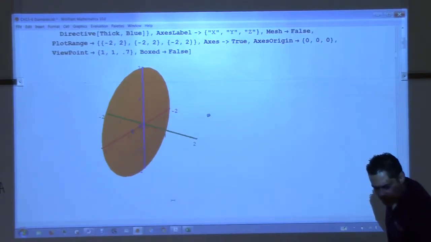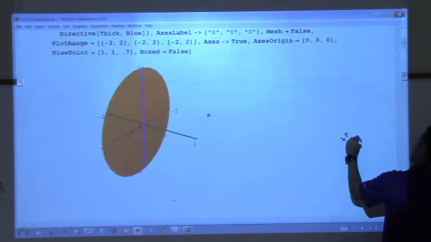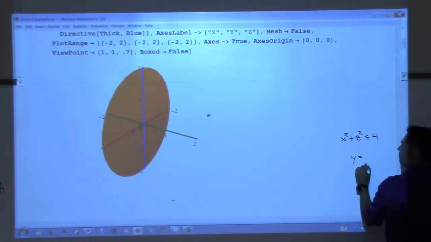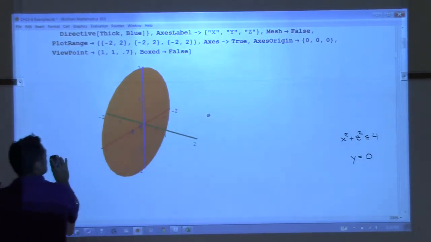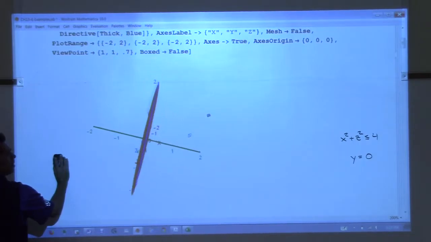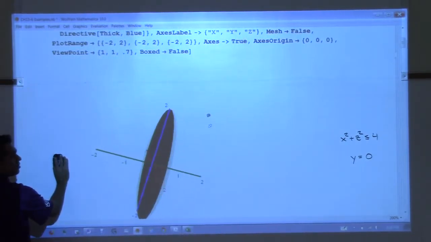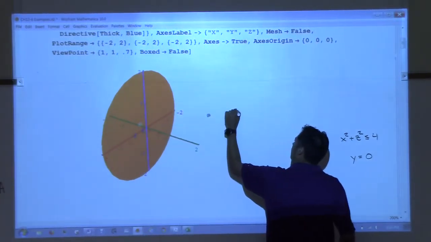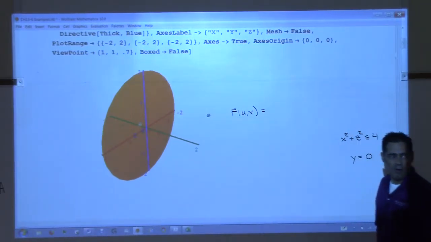I tell you that x squared plus z squared must be less than or equal to 4, and then y is 0. So this is the actual surface, and we need to come up with the vector equation R of uv that will draw this.